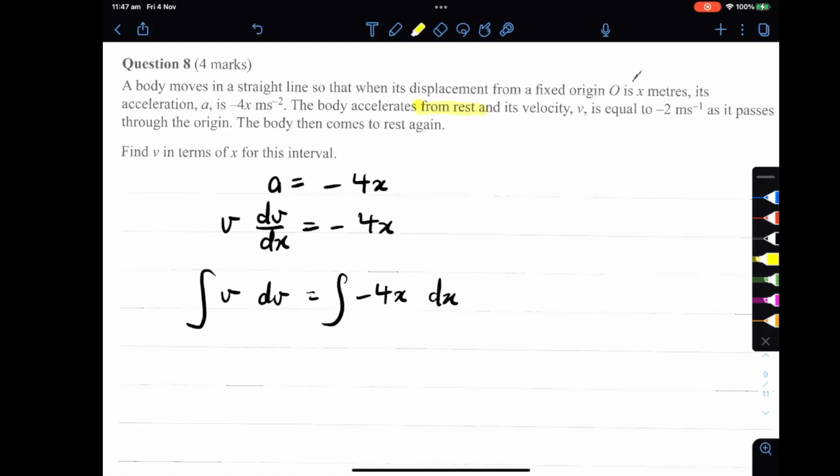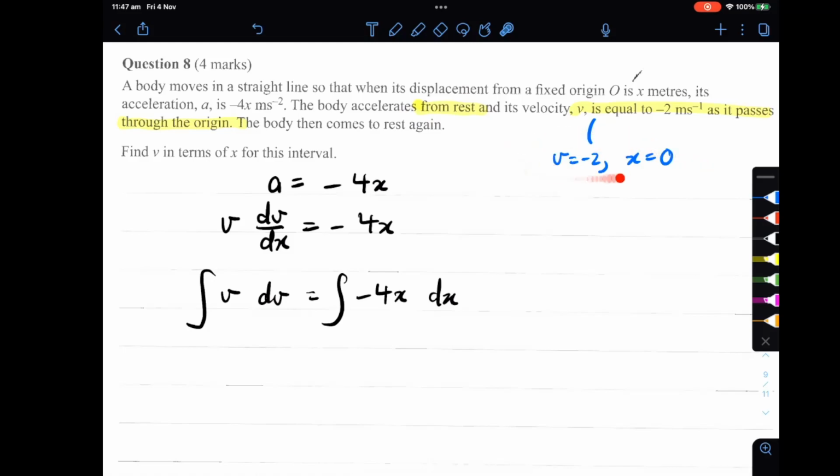Alright, so what this means is that v is equal to negative 2 and x is equal to 0. That's one condition. This here doesn't tell us anything because we don't know anything about t.